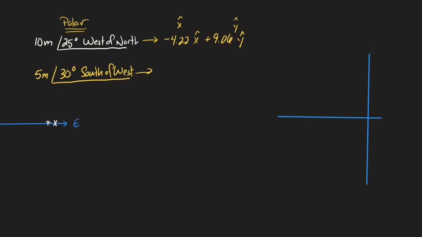This new vector is 5 meters, and it's 30 degrees south of west. Start from the west, turn towards the south, 30 degrees. We're going to need its components, which means you need to wrap a triangle around the given angle.